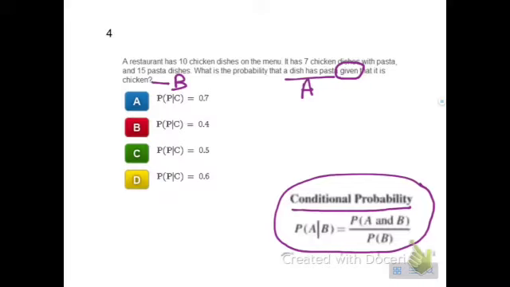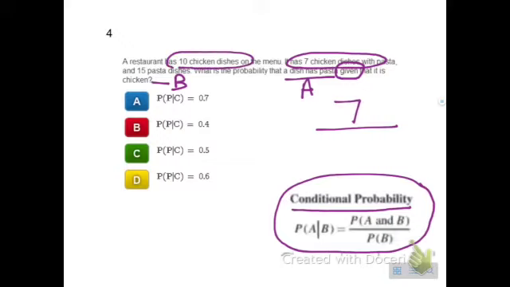There would be 7 dishes that have chicken and pasta. And B is how many chicken dishes? So it says here there's 10 chicken dishes. So that would be 10. So the probability of the dish having pasta given that it has chicken would be 7/10. Answer choice A.